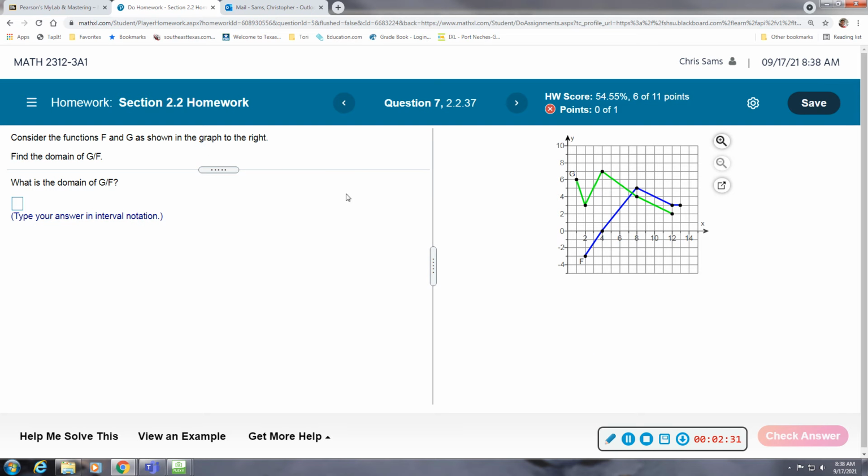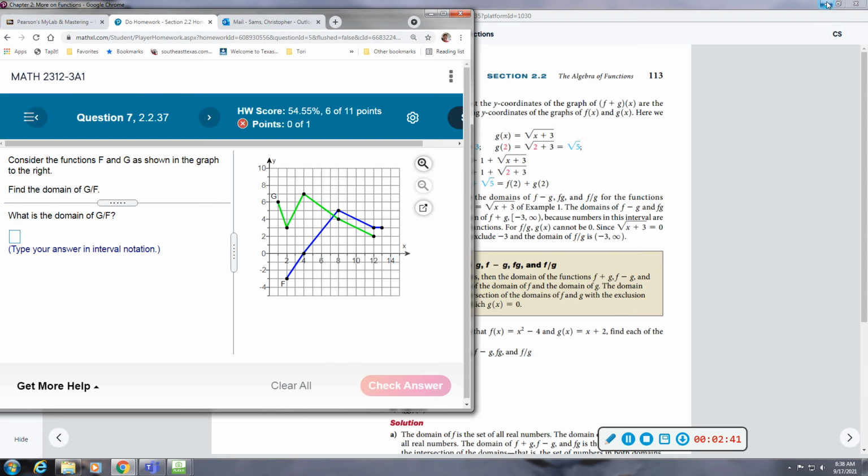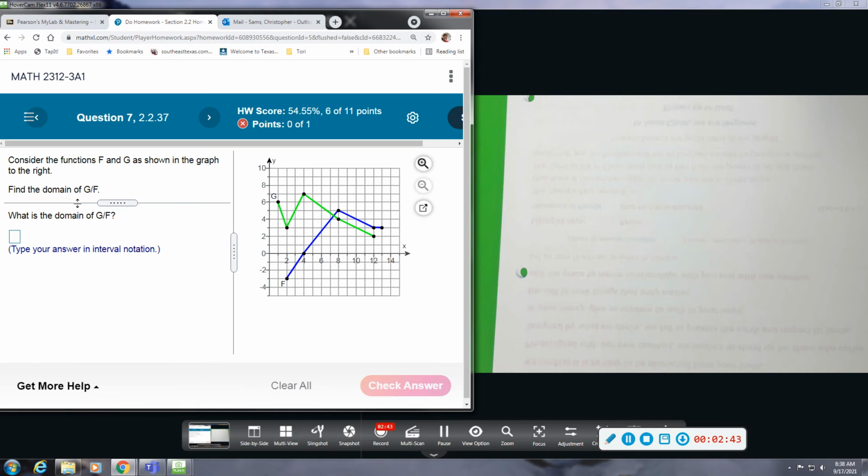All right, so we're going to do the same thing here, but this time we only want to find the domain of g divided by f. So let me talk about this one. Domain of g divided by f. Remember, you start with the overlap.